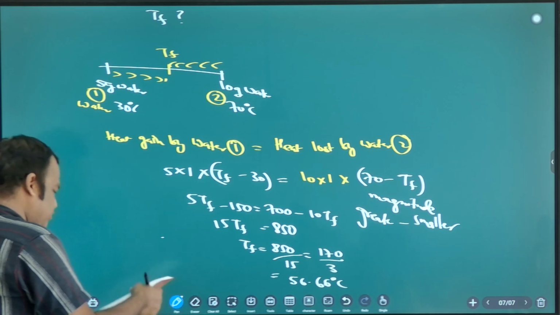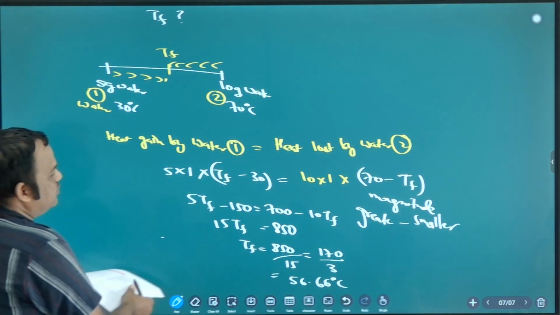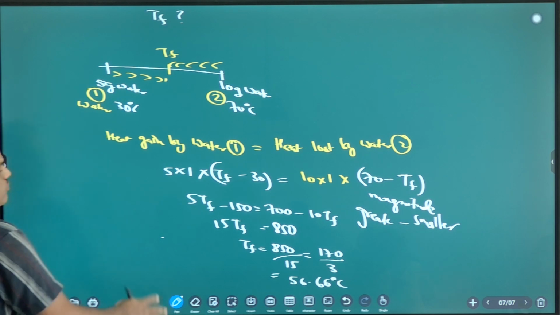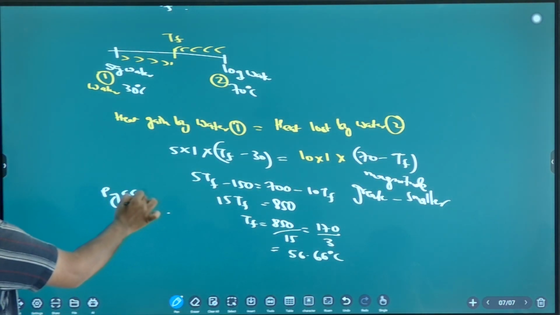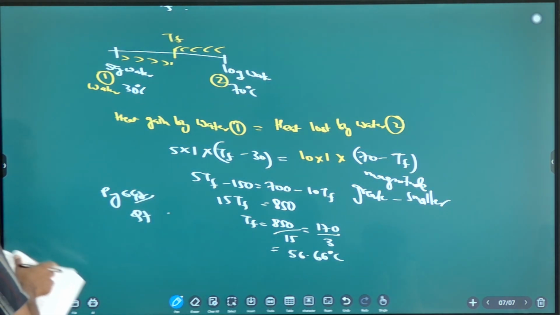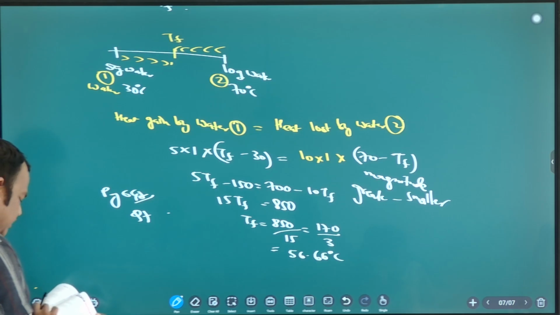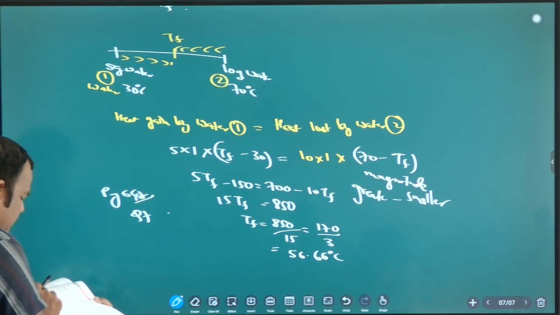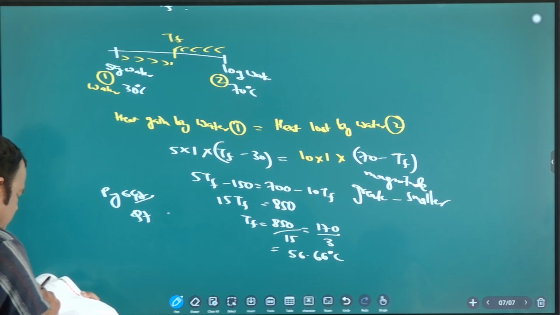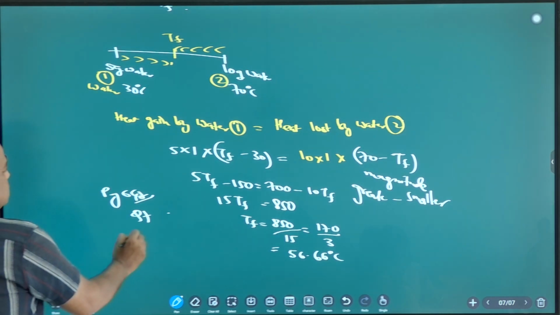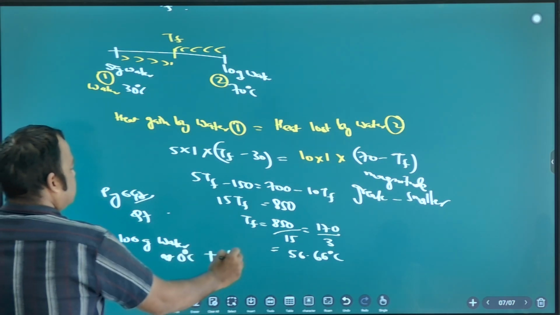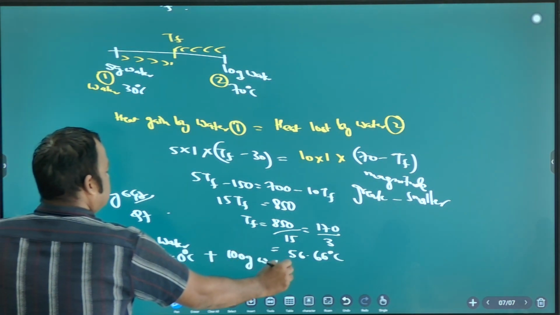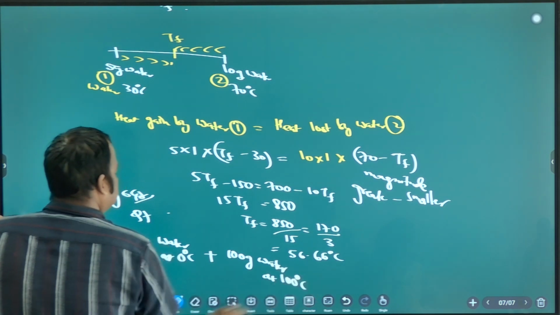Now solve the 7th question, page 647. Question 7. 100 gram water at 0 degrees is mixed with 100 gram water at 100 degrees Celsius.